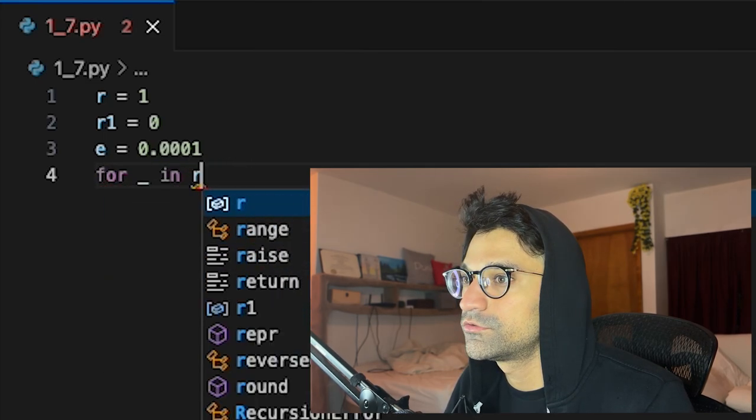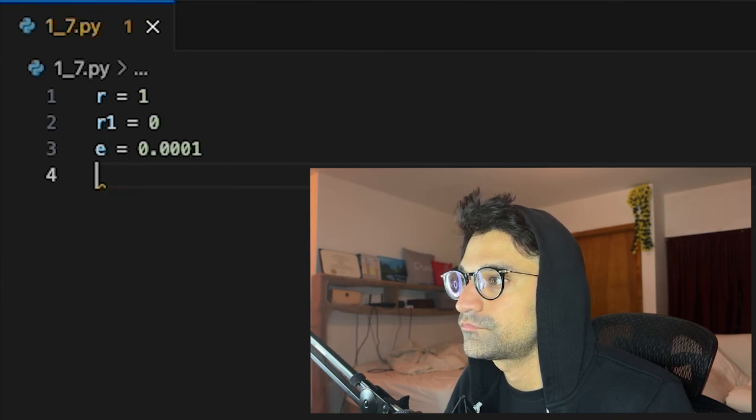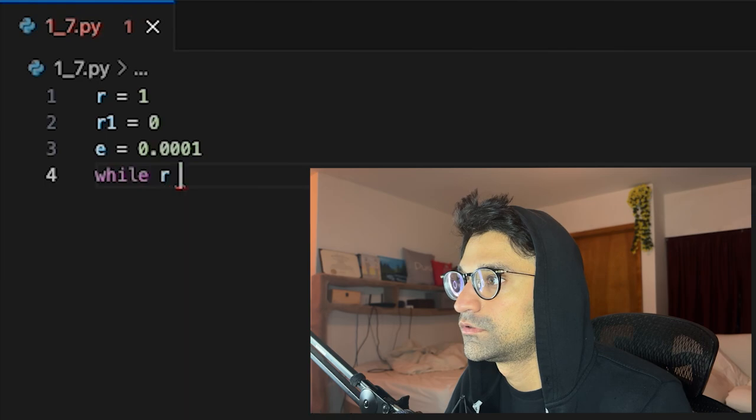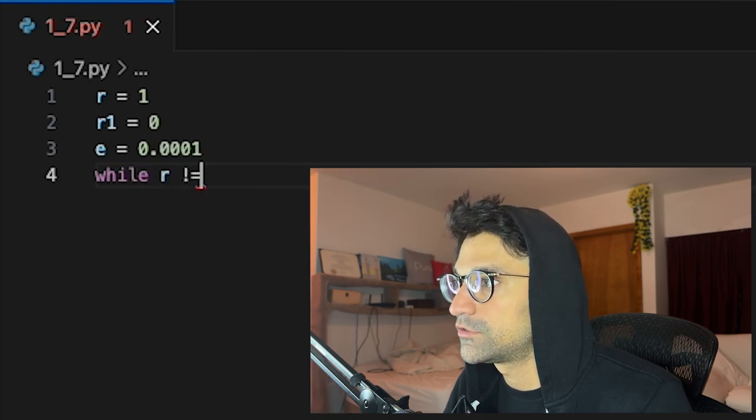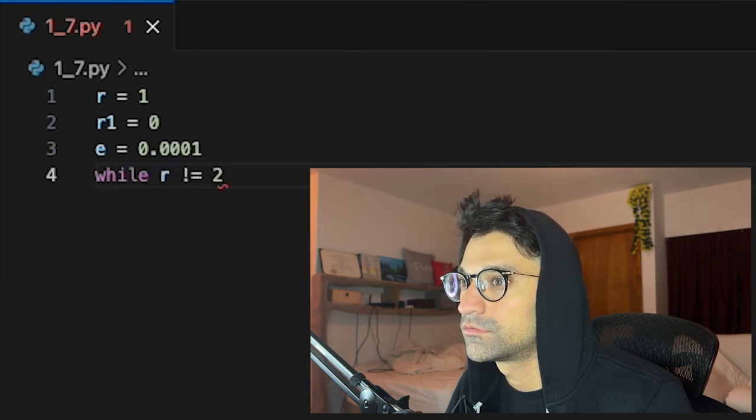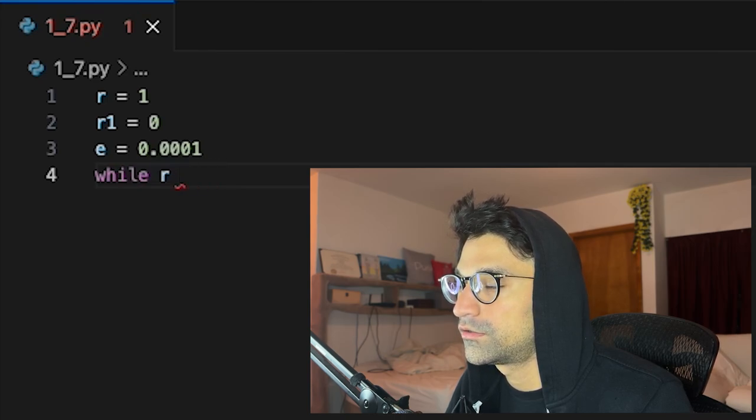So why don't we just do while r is not equal to 2. Well, the thing is, it won't be exactly 2, right? Why don't we say like while r is less than 2?